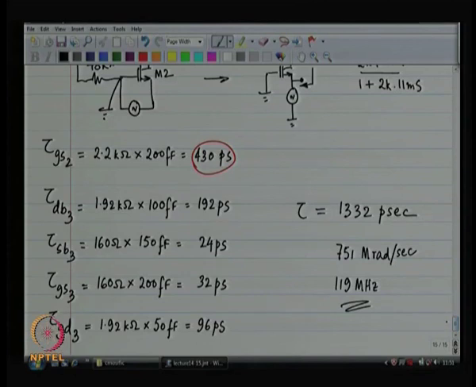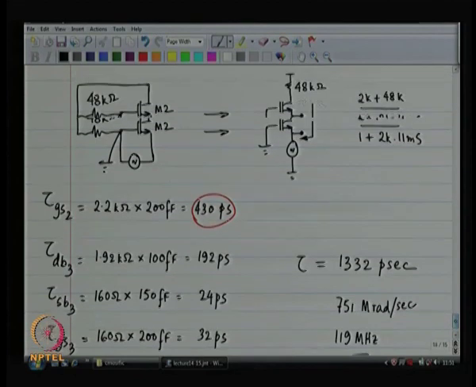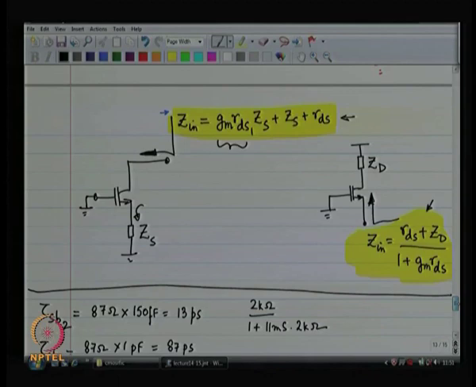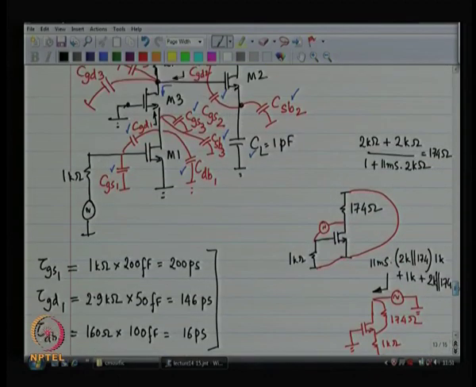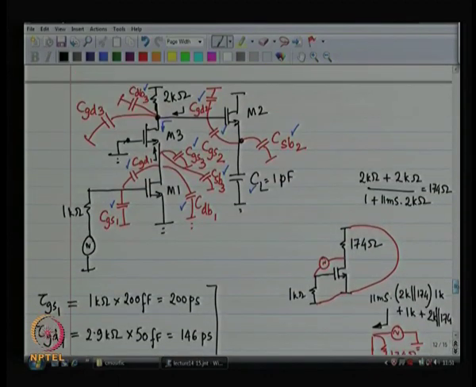I've got gate to source of device number 2, which has escalated the situation. Gate to source of device number 2 has escalated the situation.